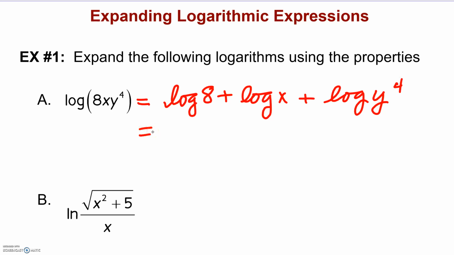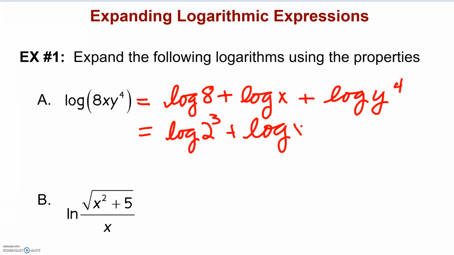Then you want to continue and use another property here. You may see we can use the power property over here on the right. We can take this exponent and make it into a coefficient. And we can actually use that on this first one as well, because the 8 is actually 2 cubed.